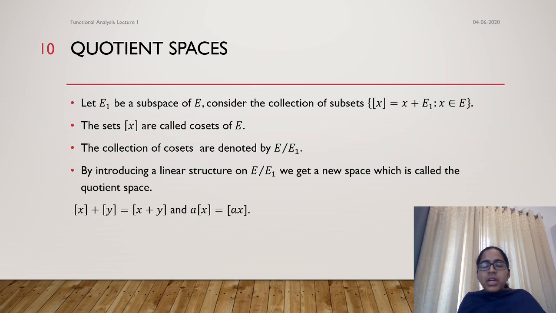Now when we give particular linear operations to this set, we form a space. That is, if we consider the operations coset [x] plus coset [y] equal to coset [x plus y], and a times coset [x] equal to coset [ax], and these are satisfied for all the cosets, then we obtain a quotient space.